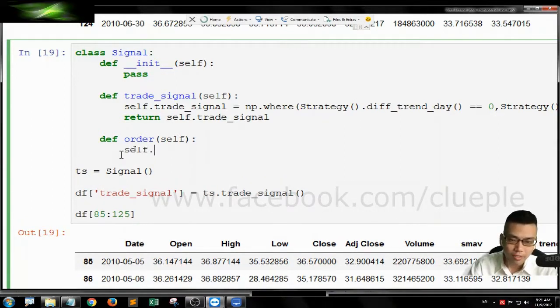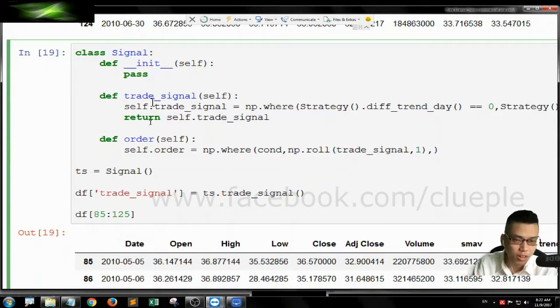So we define self order equals, and we use the numpy.where function again. When we start our calculation of moving average, the condition, then we are going to return the previous day's trade signal. We can use numpy.roll, and we roll one day, rolling the previous day's trade signal. If the previous trade day was a buy signal, then we just return a buy signal, and vice versa. Otherwise, we return 0.